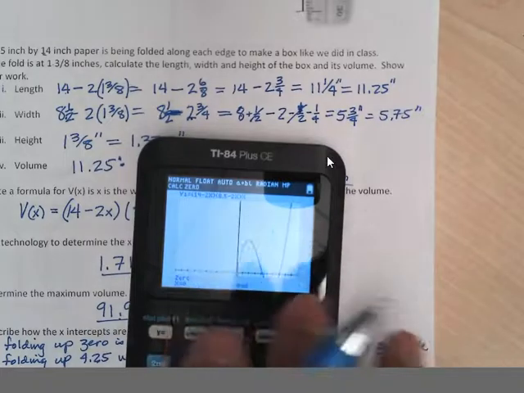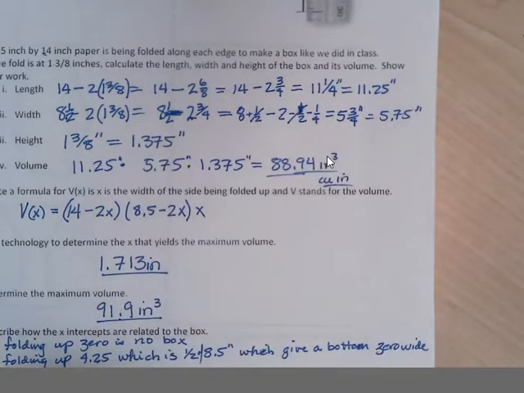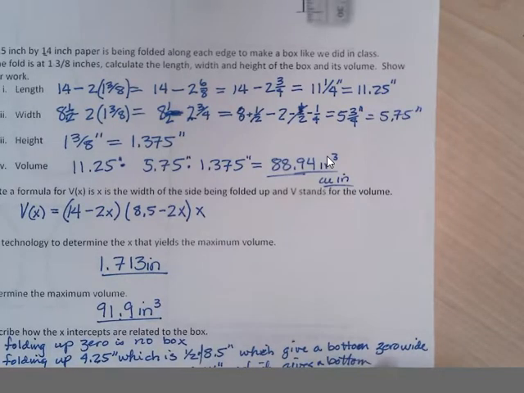The volume is 0. And then at 7, which is 1/2 of 14 inches, that gives a bottom of 0 long.